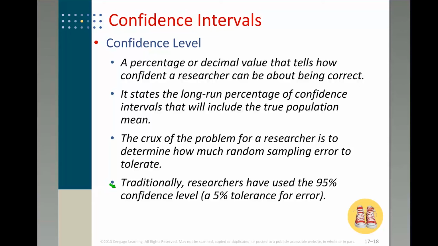If this is not critical, you can make it 90%. As a researcher, we pick the confidence level, and the confidence level in turn determines the sample size we need for our study. This is because the confidence level determines the amount of error we are able to tolerate.